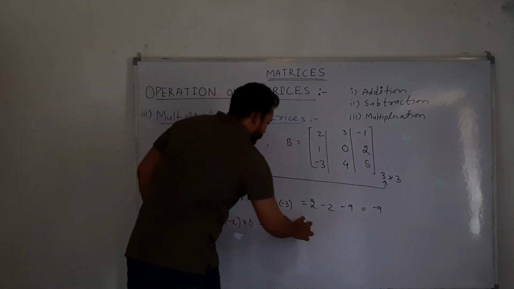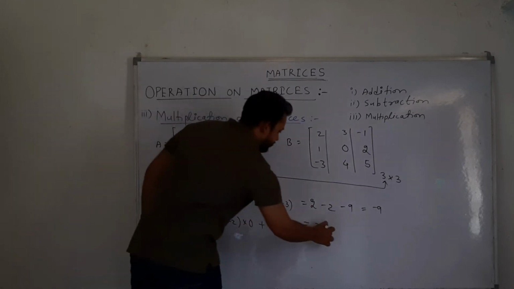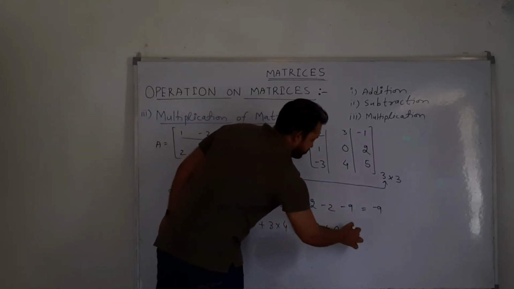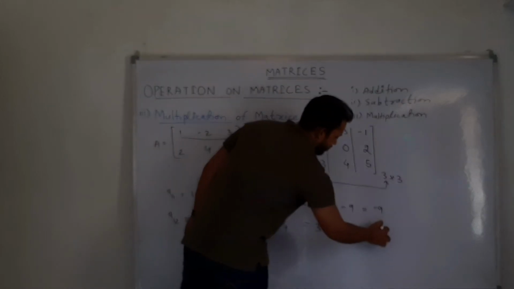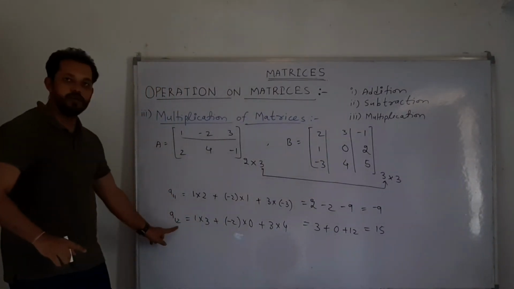When we calculate it, 1 into 3 gives 3, plus 0, plus 3 into 4 which is 12. It is equal to 3 plus 12, which is 15. We got element 1, 2.